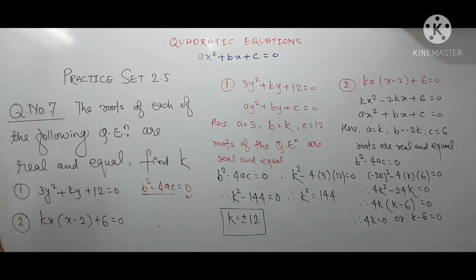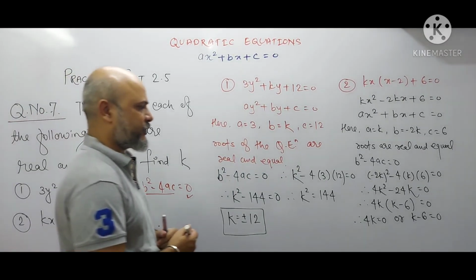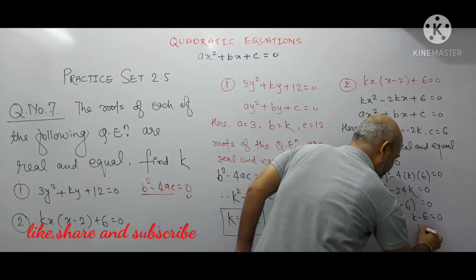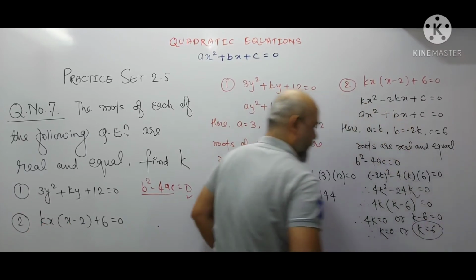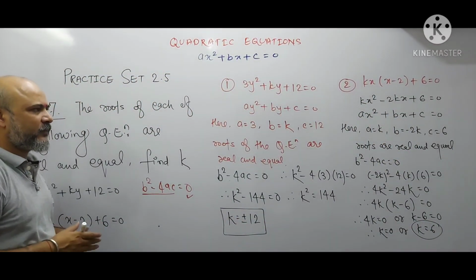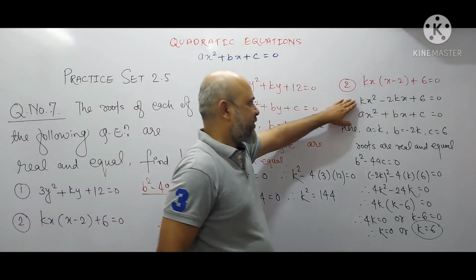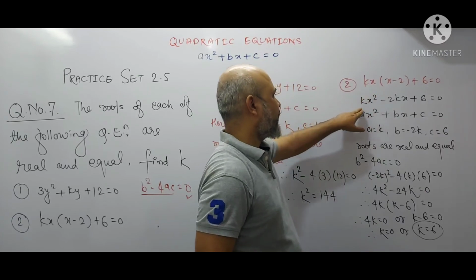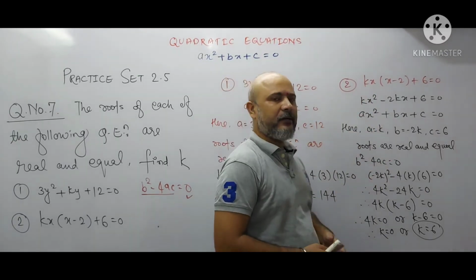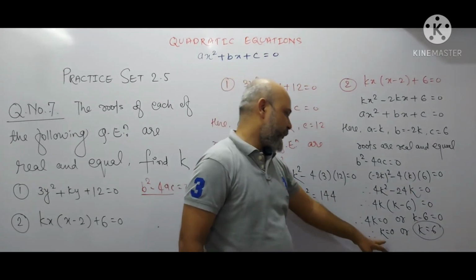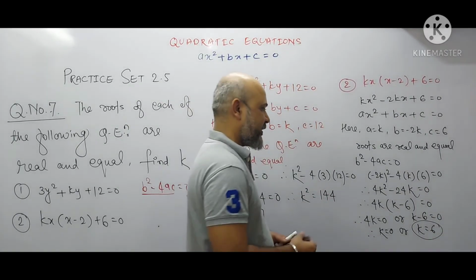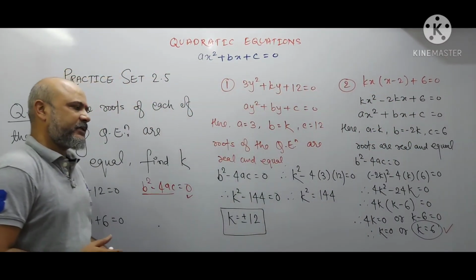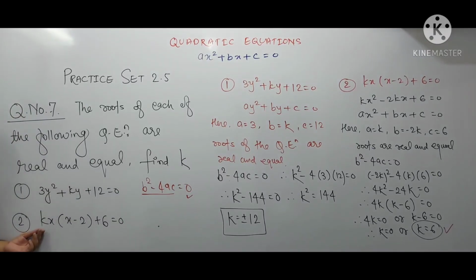So either 4k is equal to 0 or k minus 6 is equal to 0, and therefore you will get k is equal to 0 or k is equal to 6. Okay. When we put k is equal to 0, the first term becomes 0. It means that it will not be a quadratic equation when you put the value of k is equal to 0. So your answer is k is equal to 6.